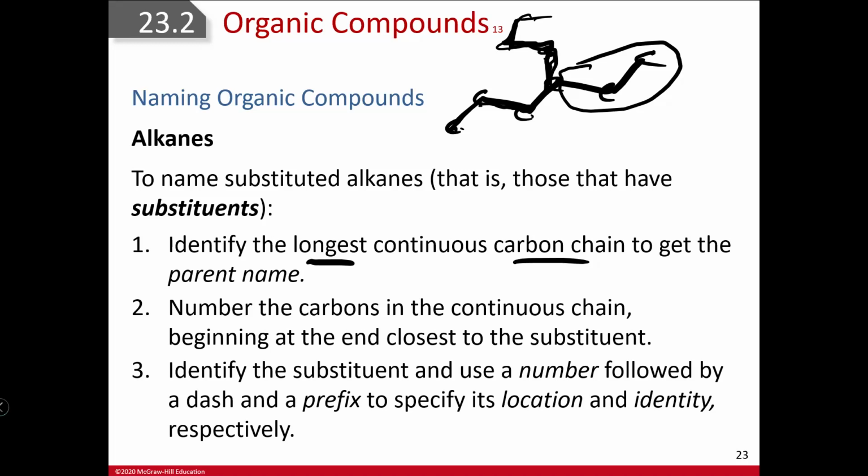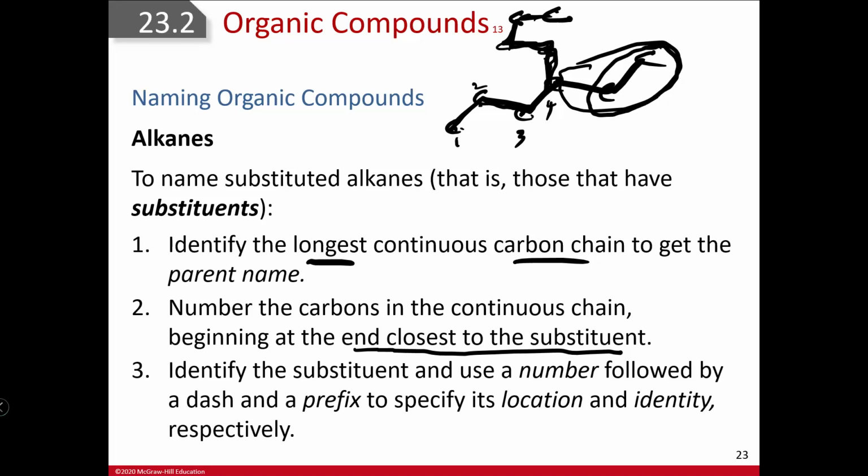Then you number the carbons in the continuous chain beginning at the end closest to the substituent. So like on this one, let's say there's a carbon here and a carbon here. So 1, 2, 3, 4, 5, 6, 7, 8. So this is octane if I go all the way out to here. If I start here and I go 1, 2, 3, 4, this ethyl group is off of carbon number 4.